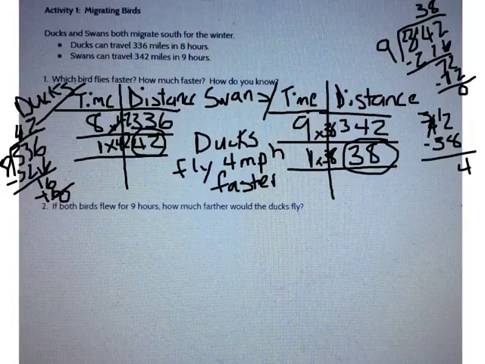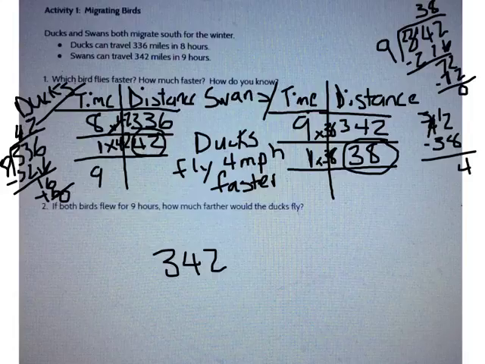Now let's solve number 2. If both birds flew for 9 hours, how much farther would the ducks fly? Well, I already know how far swans travel in 9 hours. Swans travel 342 miles in 9 hours. How could I figure out how far ducks fly in 9 hours?